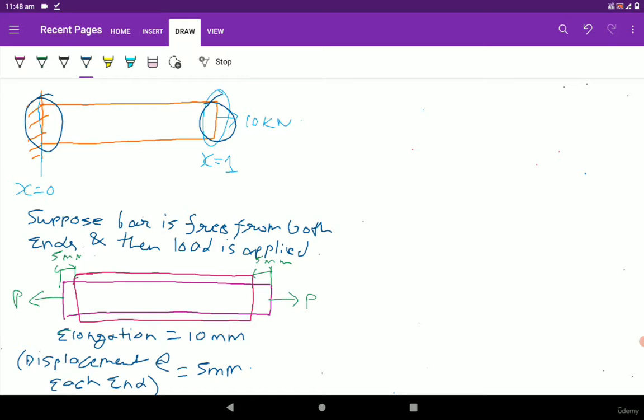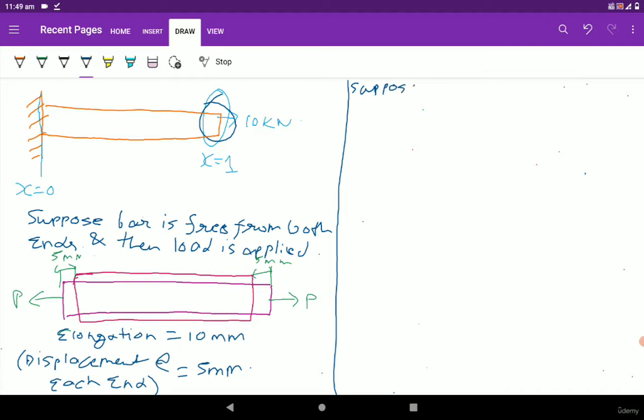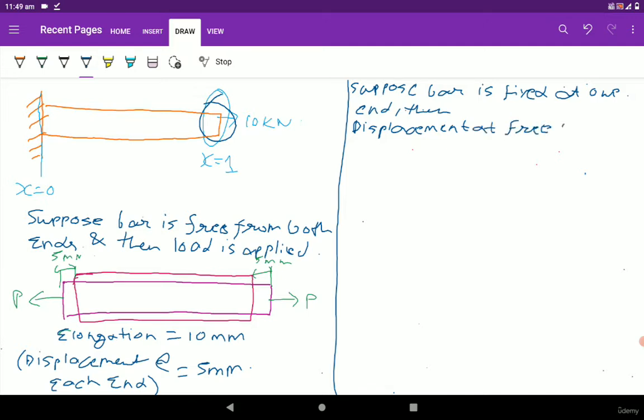Now suppose the bar is fixed at one end, then displacement at free end is equal to elongation.